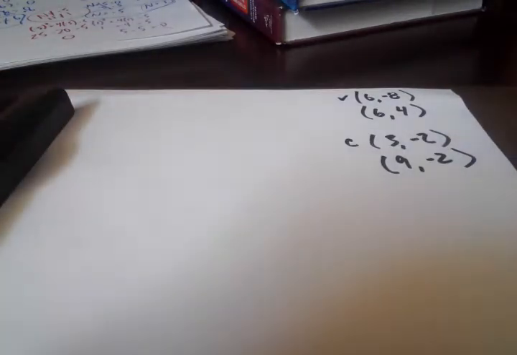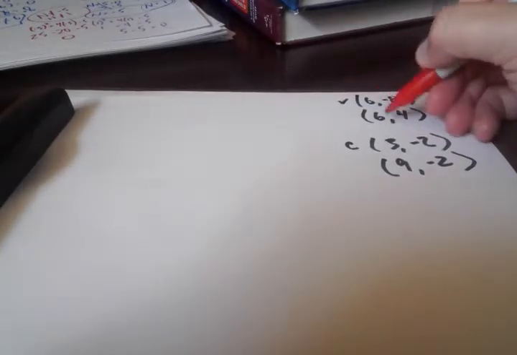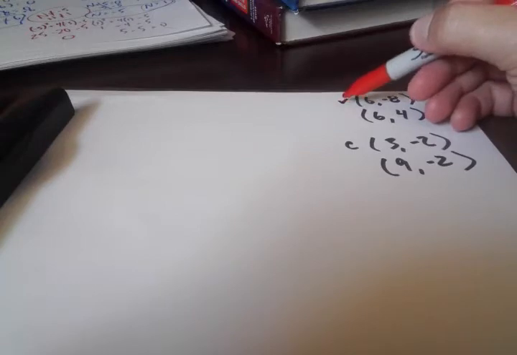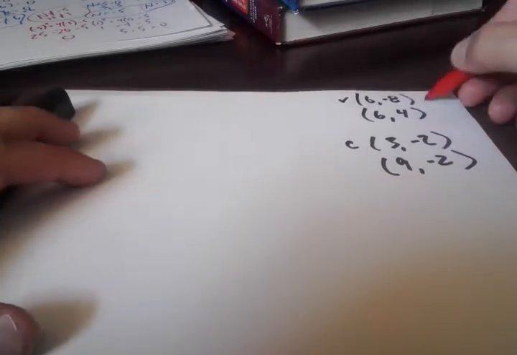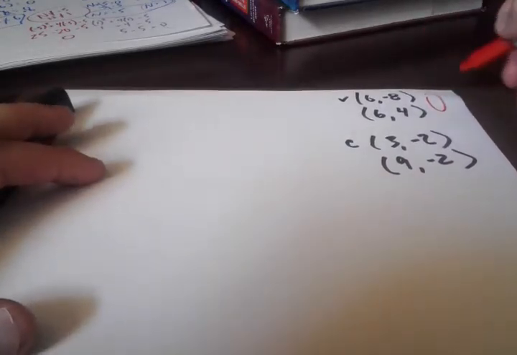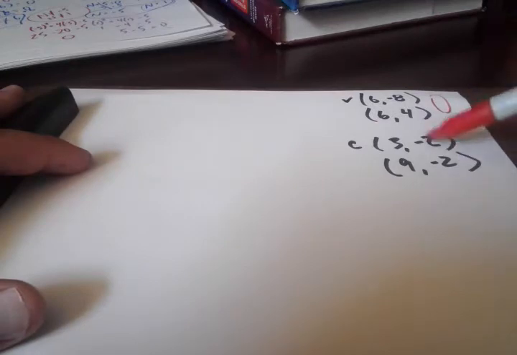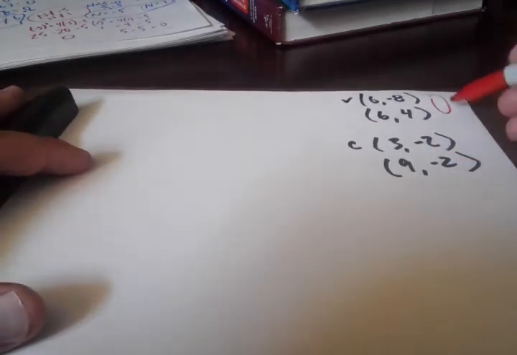Okay. First things, we're going to look at the first point, or the vertex points. Do you guys see how the x's are the same? Okay, in the vertices, the x's are the same. That means that this is a vertical ellipse. Notice in the co-vertices, the y's are the same, which also means it's vertical.